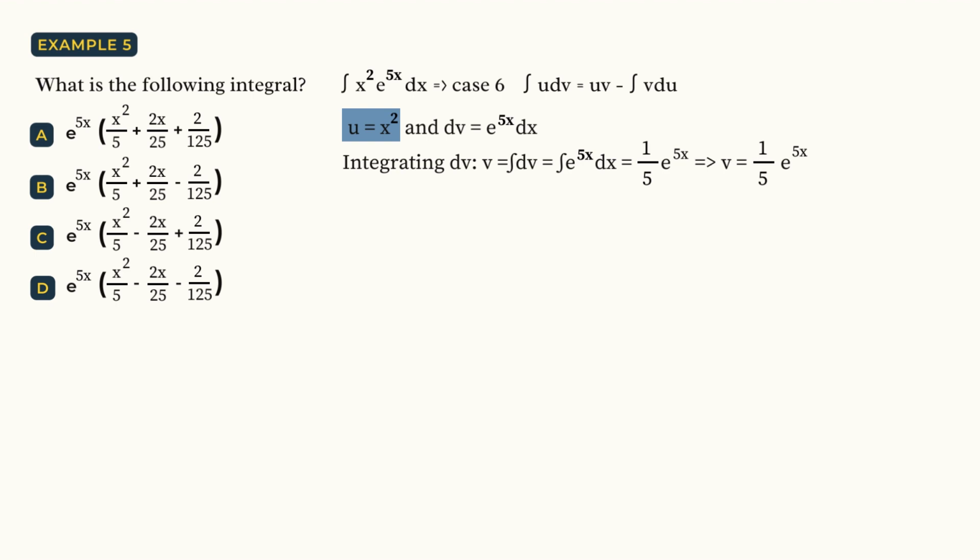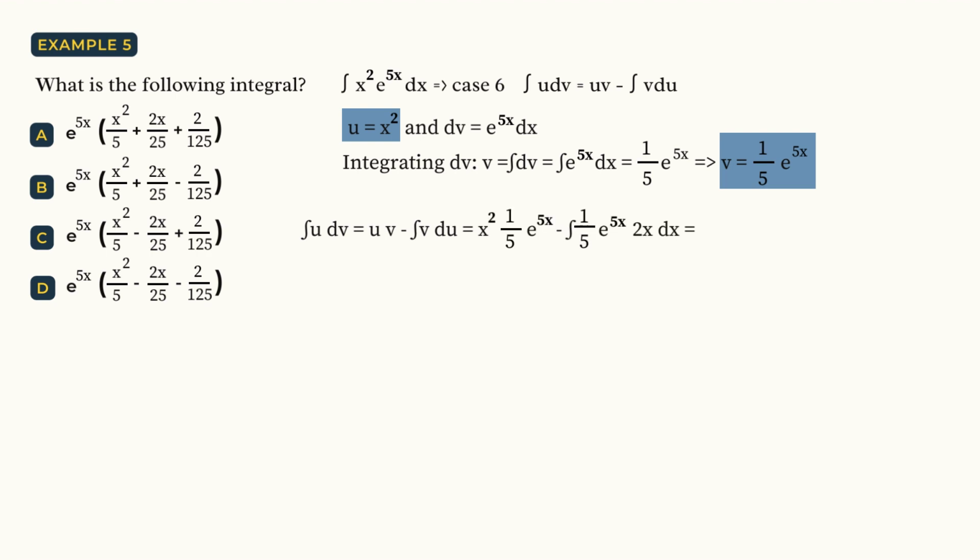So now that we know that, let's go and apply the formula. Integral of u dv equals uv minus integral of v du. So let's substitute. We have u as x squared and v as 1 over 5 multiplied by e power 5x.